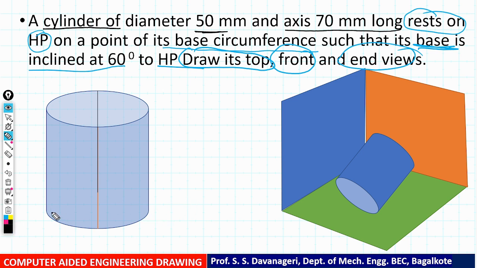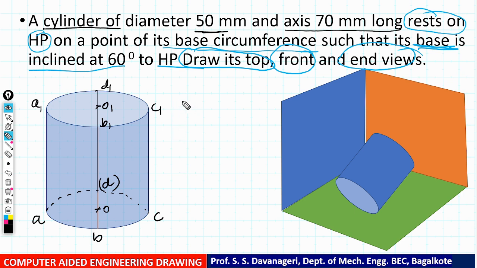Now let us consider a cylinder. Let us mark its base surface quadrant points A, B, C and D. Similarly, mark the top surface A1, B1, C1 and D1. Now let us mark its axis. It is O, and here I am going to get O1.